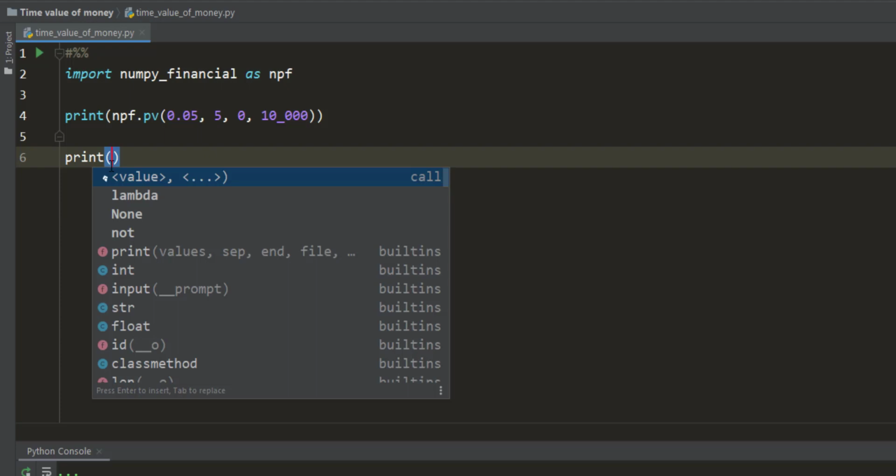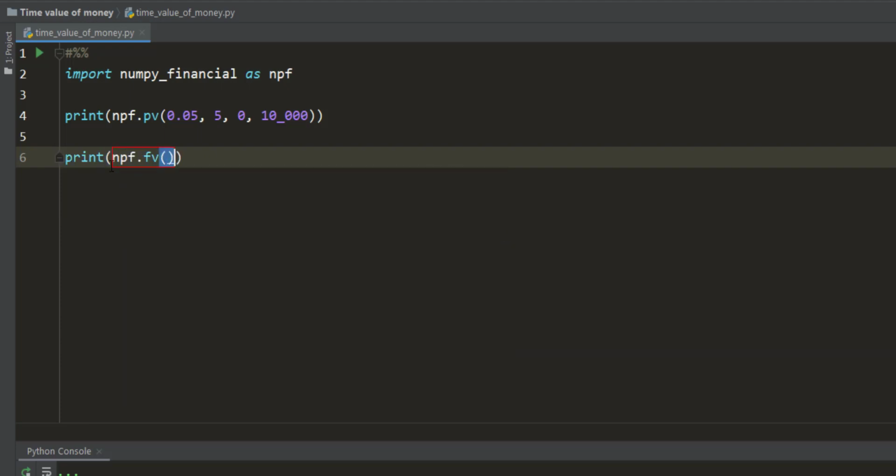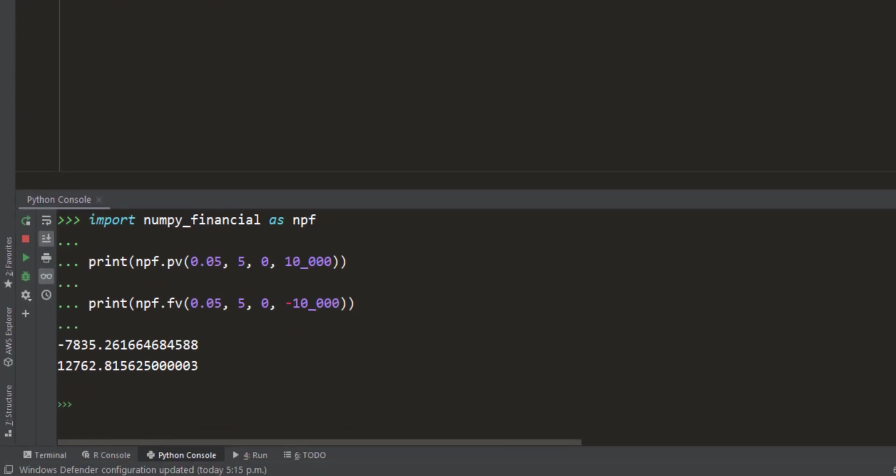Print npf.fv, and then we do 0.05 as our rate, 5 years our duration, PMT 0 because this is a single dollar cash flow, not an annuity. Then we do minus 10,000 as our present value because, as I said, you are investing, the money is out of your pocket. So let's do it. As you can see, we got exactly the same number as we got here.